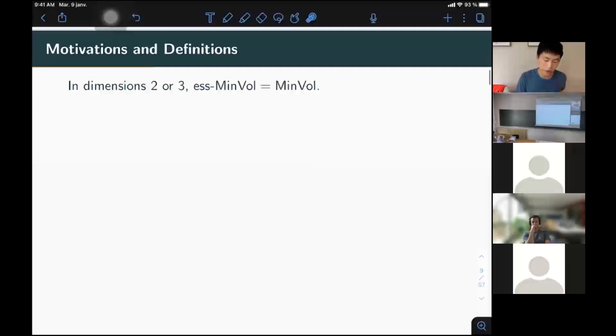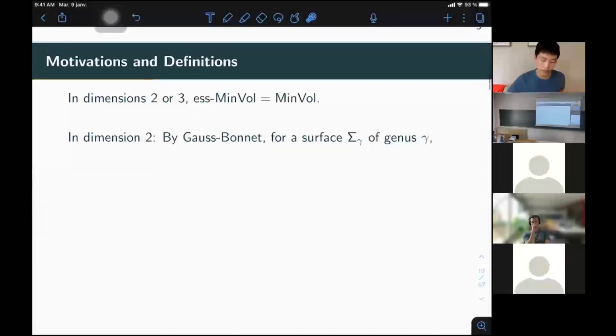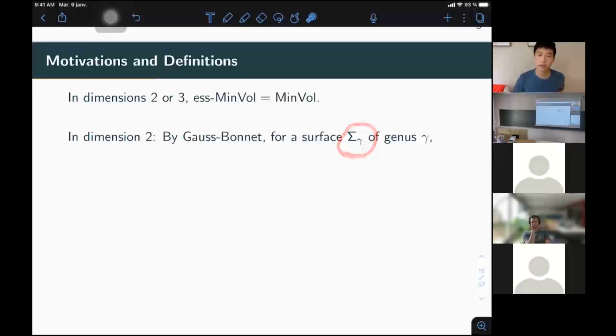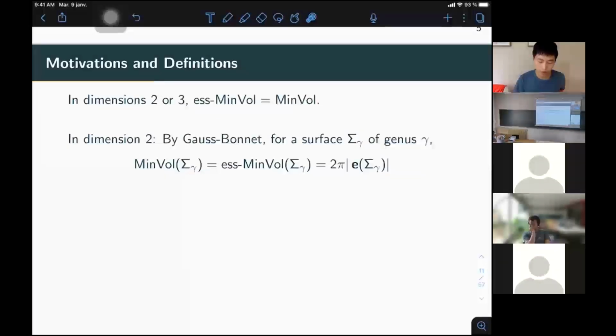That is a fact. So in dimension 2, it is easy to check because you have the Gauss-Bonnet formula. You can check that if you start with a surface of genus gamma, the minimal volume or the essential minimum volume is essentially given by the Euler characteristic.